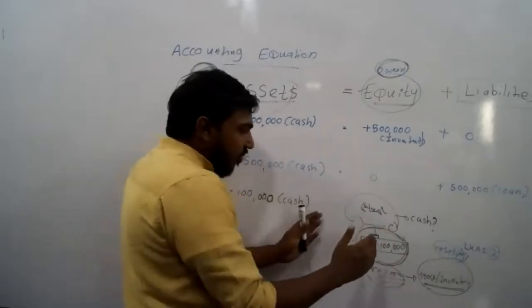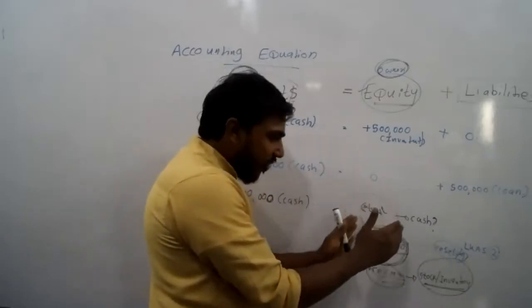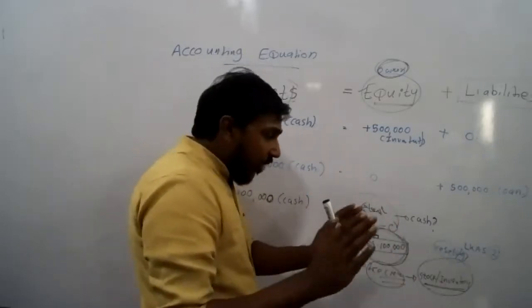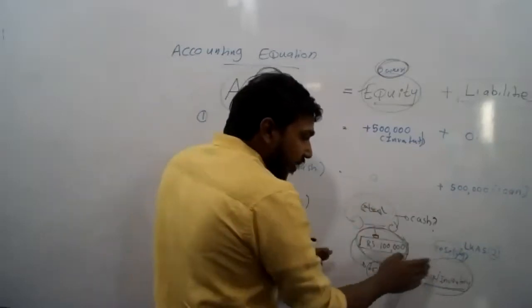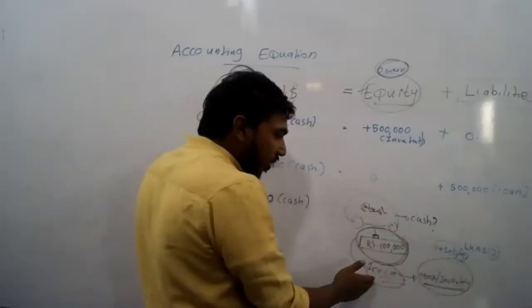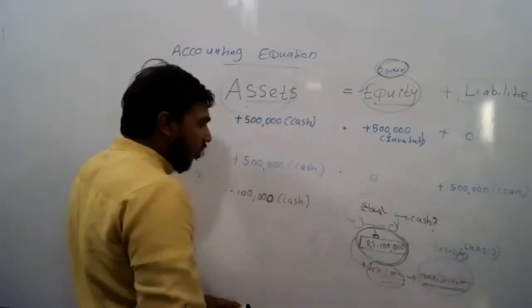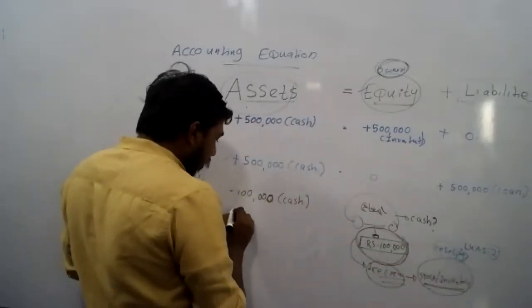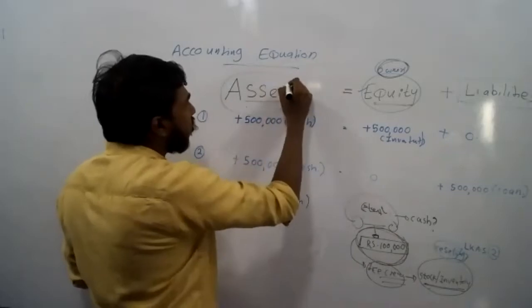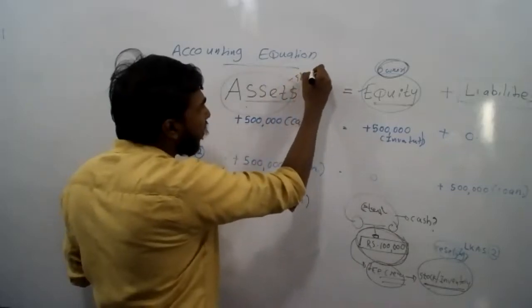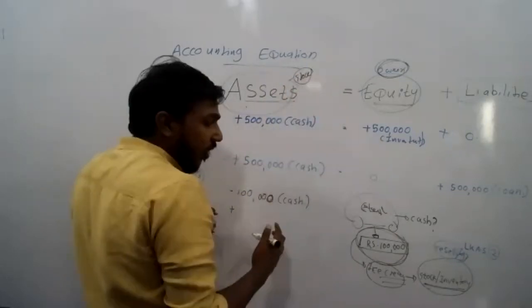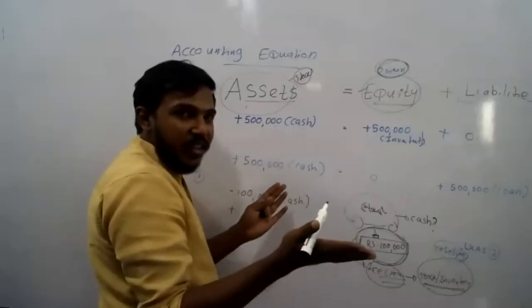So now you give them the cash, but as a return, you get rupees 100,000 worth of ice creams. That means you get 100,000 worth of inventory. So stock, keep it in mind, is also an asset, because you're supposed to sell this. Right?